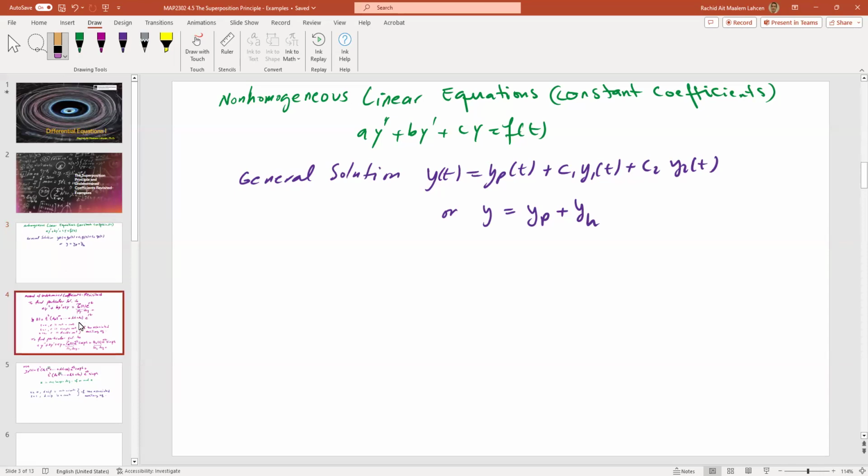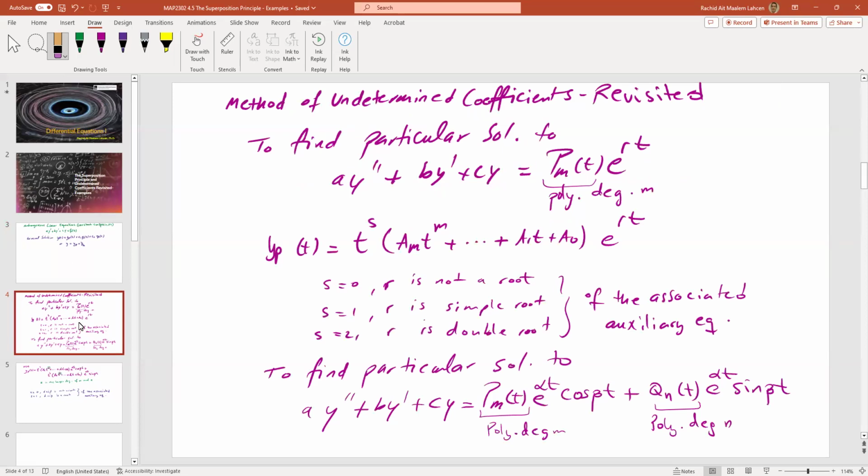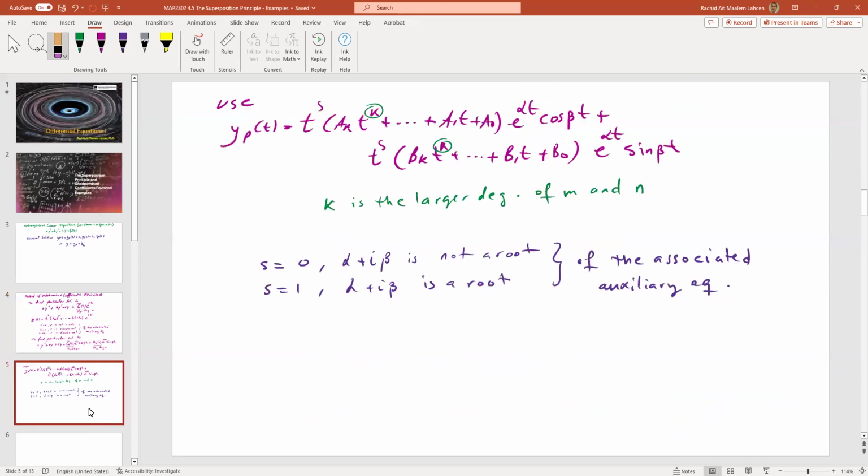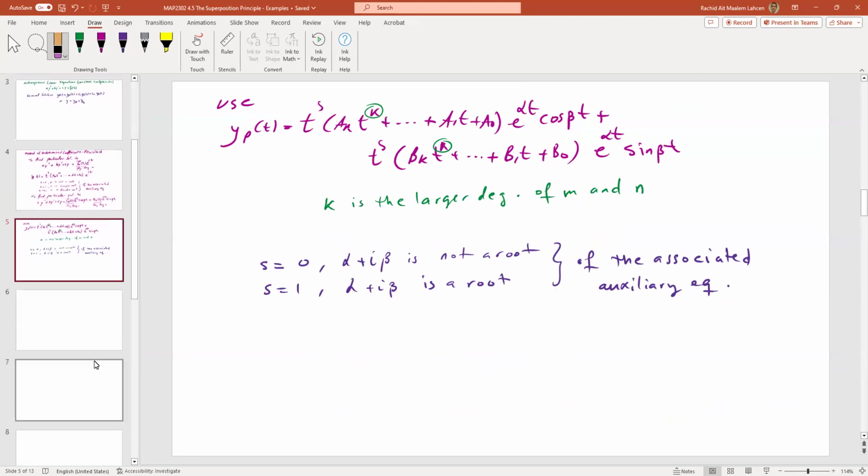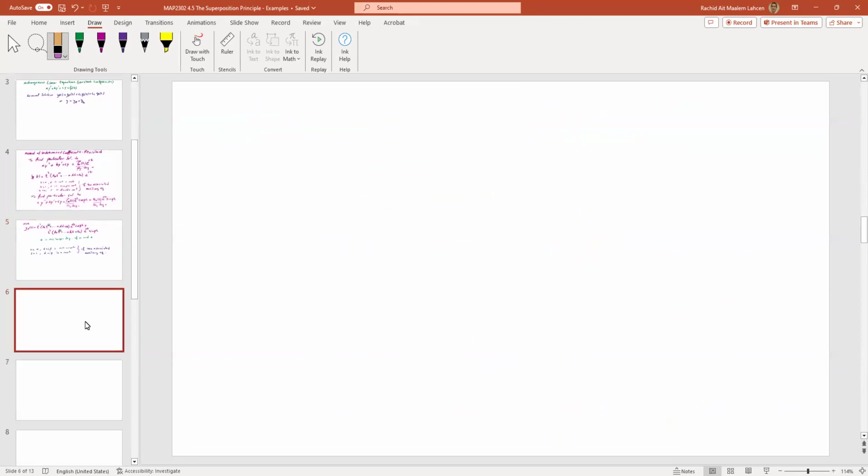And on your notes after the previous video, you probably wrote that if I have this exponential polynomial, this is how I'm going to build the particular solution. And if I have this with cosine or sine or such combination, then this is how I'm going to build the particular solution. Let's look now into examples.